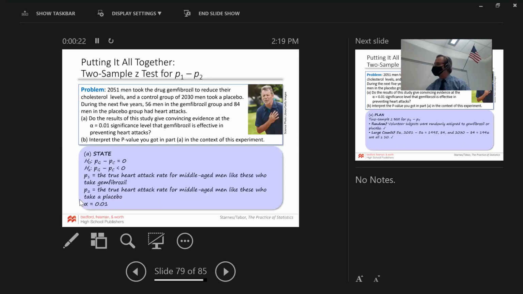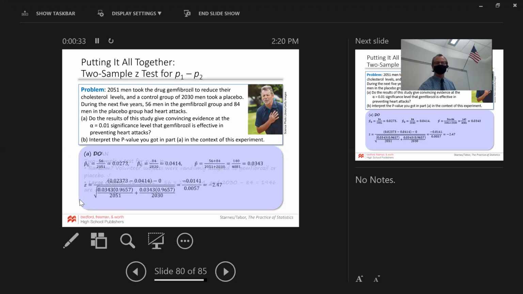All right, so there's the null. The difference is 0. The alternate is it's less than 0. 1% is the significance level. What happened? We got negative 2.47 as the z-score, which you saw. But all this work, nobody wants to do by hand.